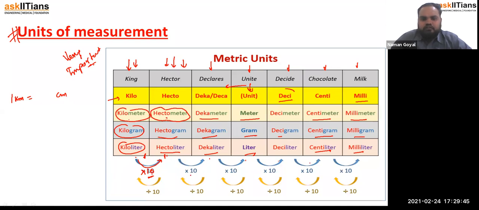So 10 into 10 is 100, 1000, 10,000, 1 lakh. So for converting kilometer to centimeter, you multiply by 1 lakh, since there are five steps. Are you getting my point? You can do these conversions.